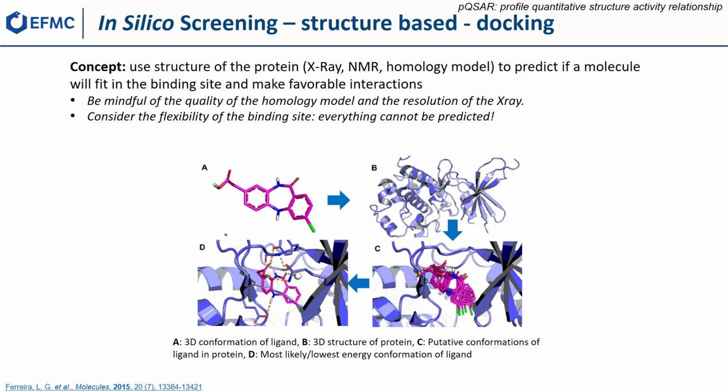It's also important to consider the flexibility of the binding site. The structure gives you a very static view of the protein, and obviously not everything can be predicted. The ligand can have consequences to the structure of the protein and lead to movements of some of the residues.